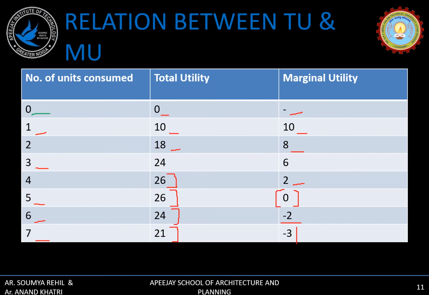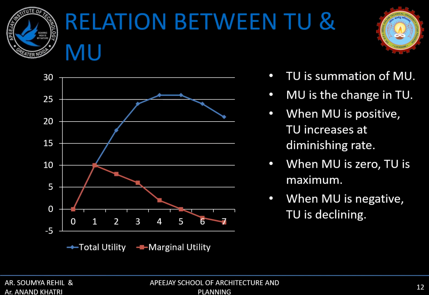Let's look at this in the form of a chart. Now, looking at this chart, you can see that total utility has been denoted by a blue line and marginal utility by a red line.